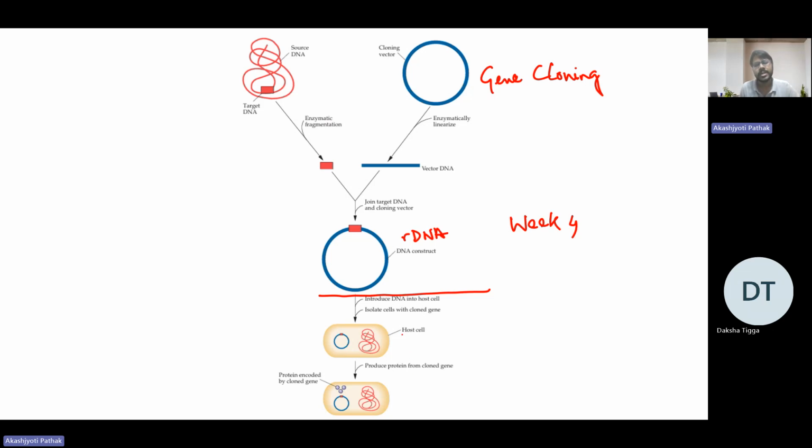After it is inserted into the host cell, we can express the gene which has been cloned, and produce our required protein of interest, the protein encoded by the cloned gene. So we will see these two things: introduce DNA into host cells and isolate the cells with cloned genes. That is screening, how we can screen for the host cells which contain our recombinant DNA. First, how this recombinant DNA is introduced into the host cell, that we will see here.